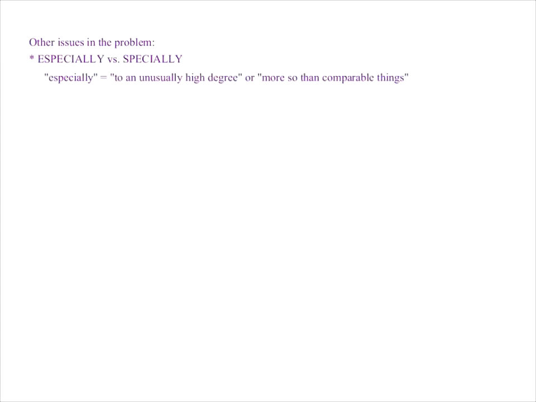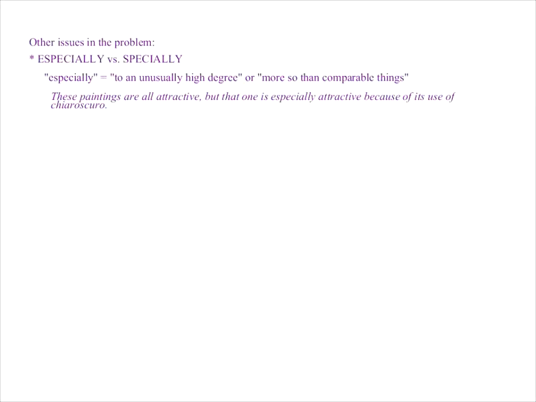So as an example, if I say something like, these paintings are all attractive, but that one is especially attractive because of its use of contrast or chiaroscuro or some of these art terms.